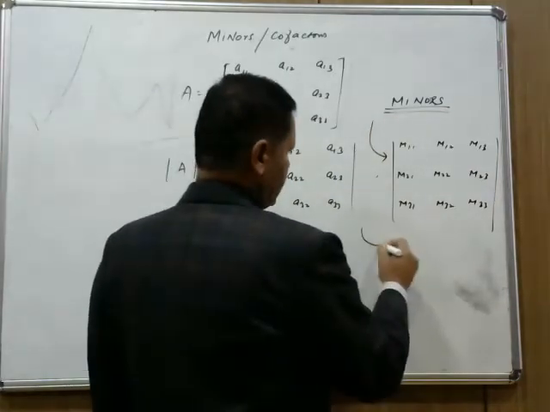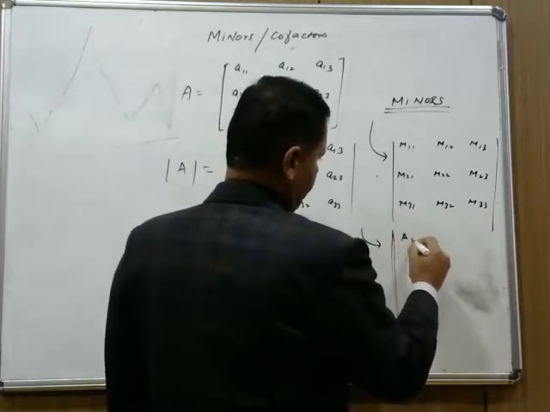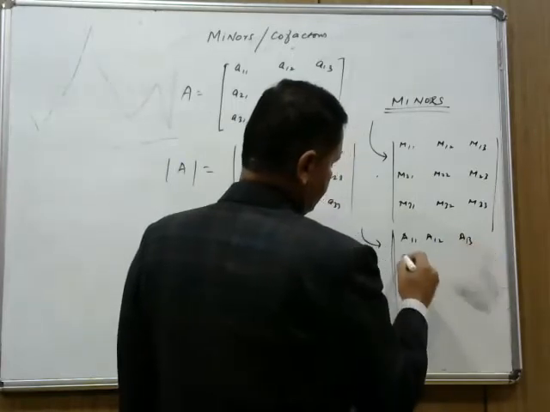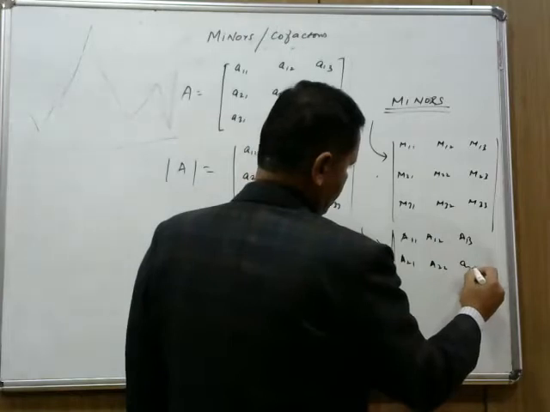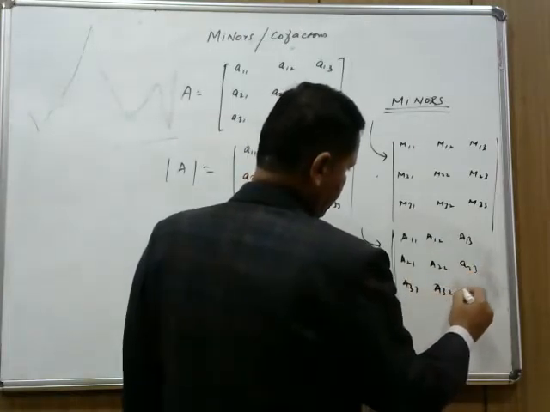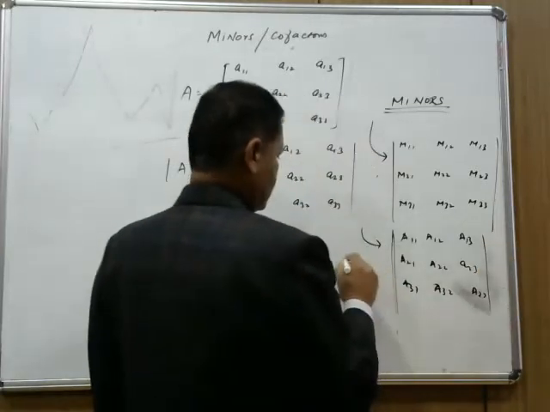For the cofactors I will write the capital A11, A12, A13, A21, A22, A23, A31, A32, A33. That is the cofactors.